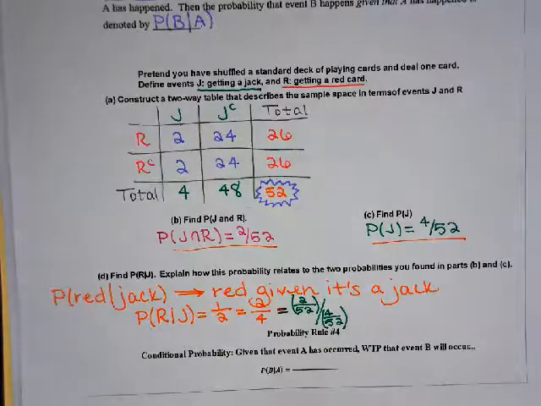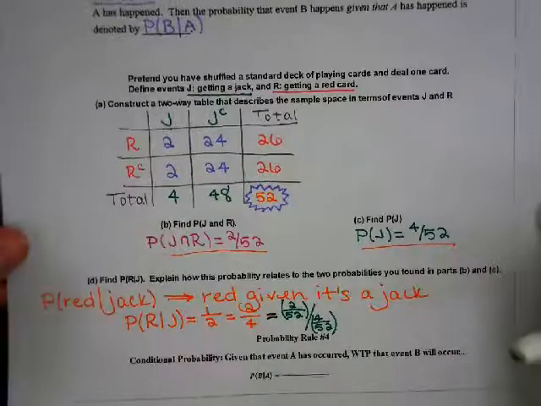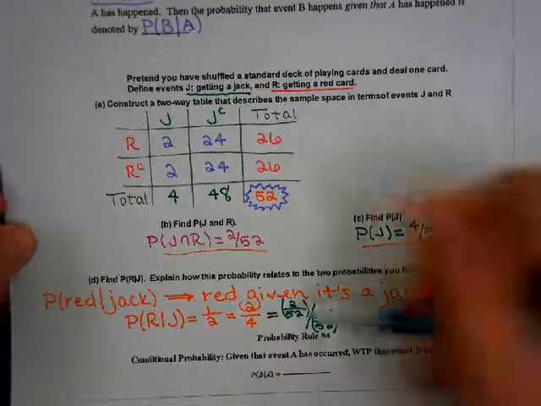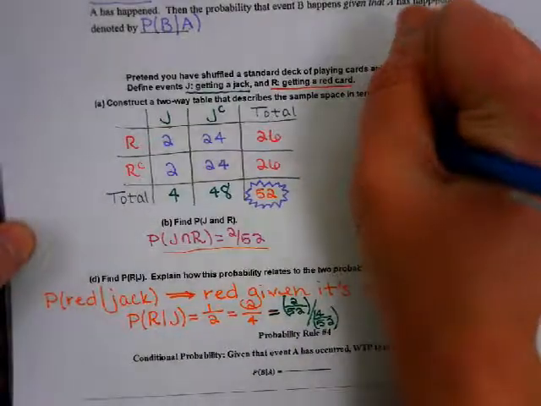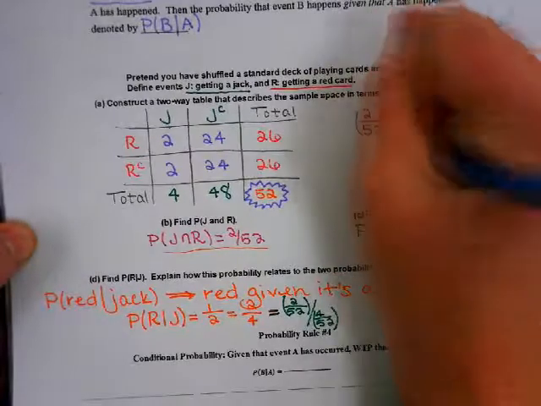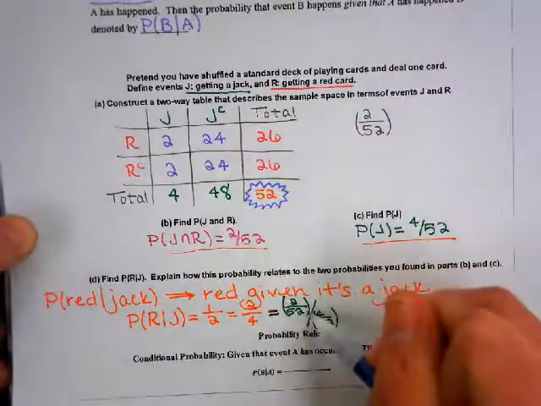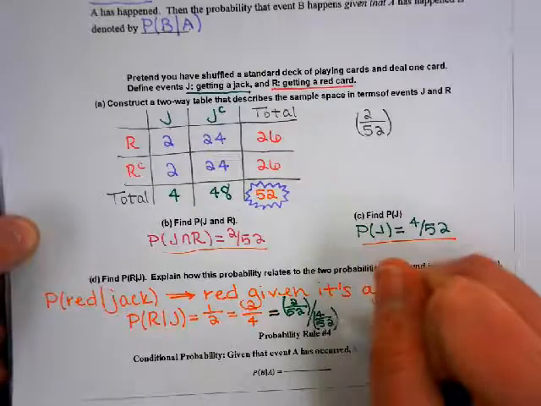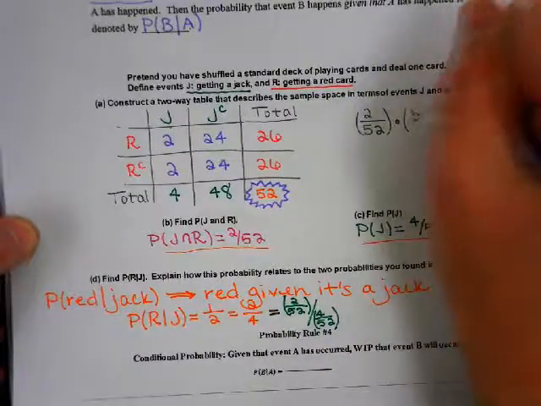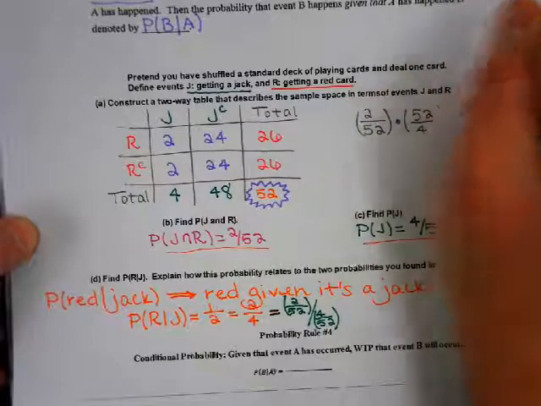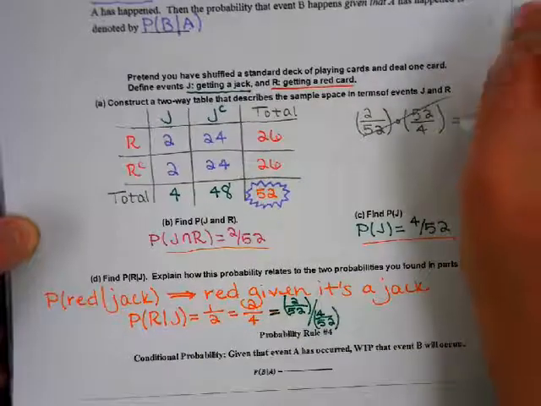And then a little side, just as a reminder, you have a fraction divided by a fraction. Remember, you multiply by the reciprocal of the one you're dividing by, so the top stays the same, but I'm going to multiply by the reciprocal. So I multiply by 52 over 4, and then our 52s cross cancel, and we get 2 over 4.